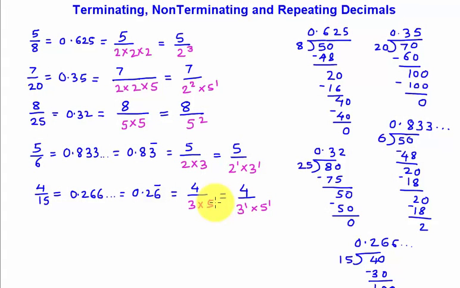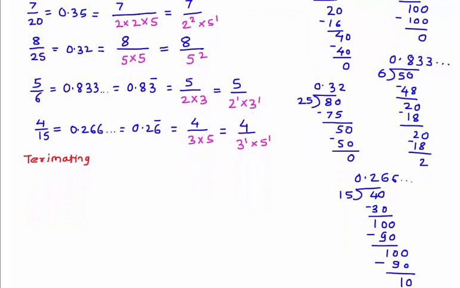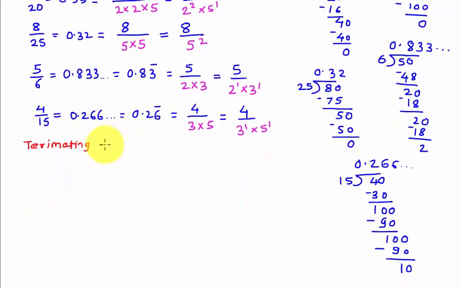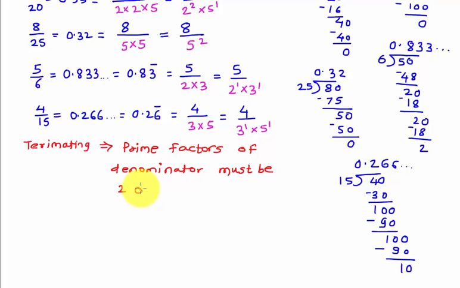Hence we can write in general, for terminating decimal representation, the prime factors of the denominator must be 2 or 5 or both.